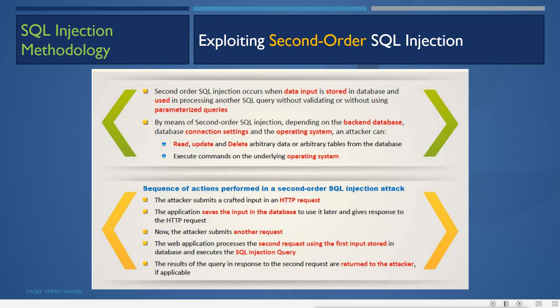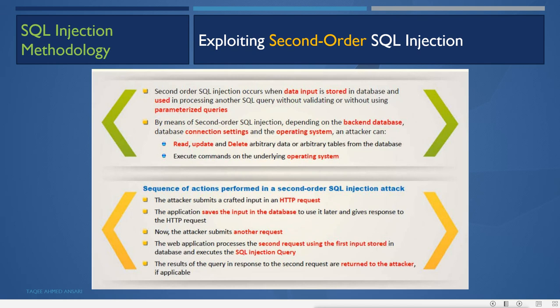Now the attacker submits another request. The web application processes the second request using the first input stored. The first input is stored in the database and executes the SQL injection query. The result of the query in response to the second request is returned to the attacker if applicable.